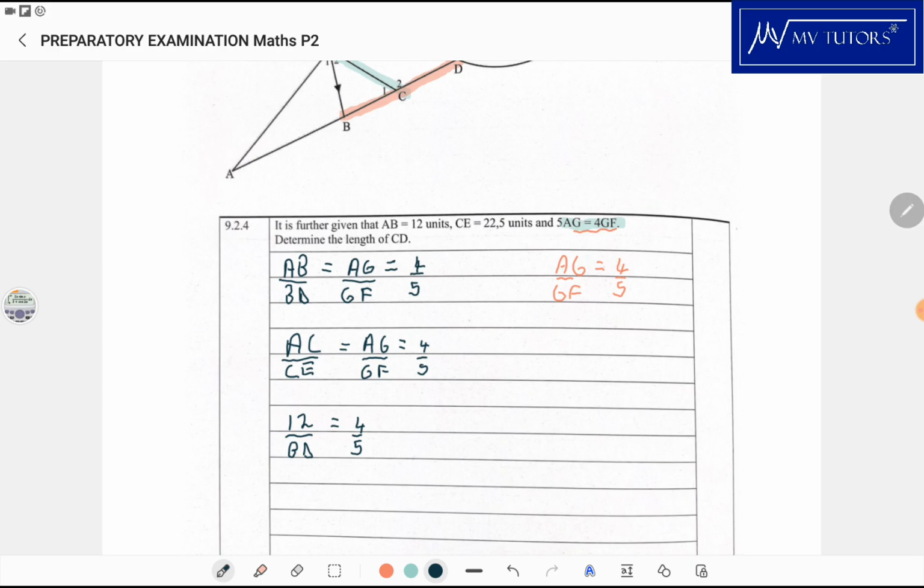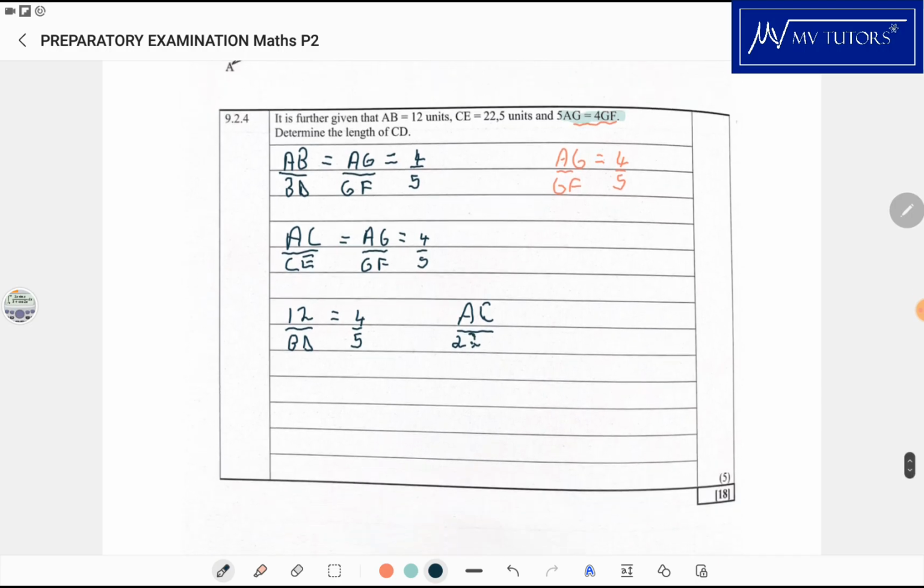No, I'm not. So I'm going to go AC divided by CE. CE I'm given, it's going to be 22.5.